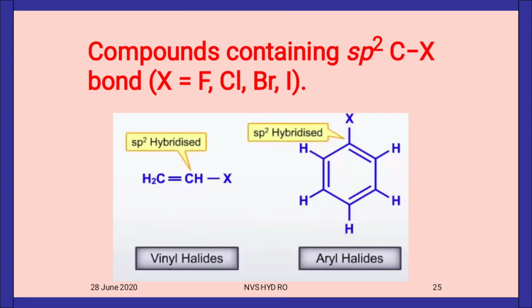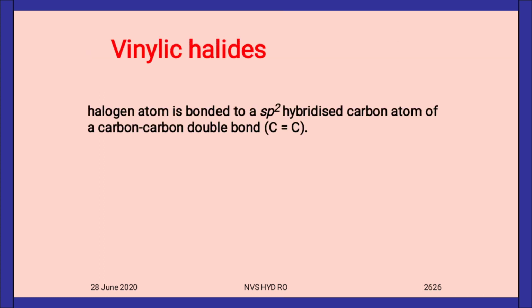Got it. A similar thing is given that aryl halides are sp2 hybridized. Now this is also aryl halides. What are aryl halides? So firstly, let me show you the vinylic halides.